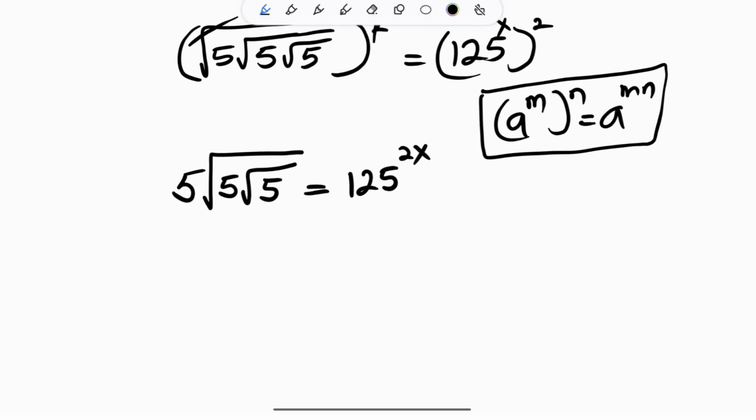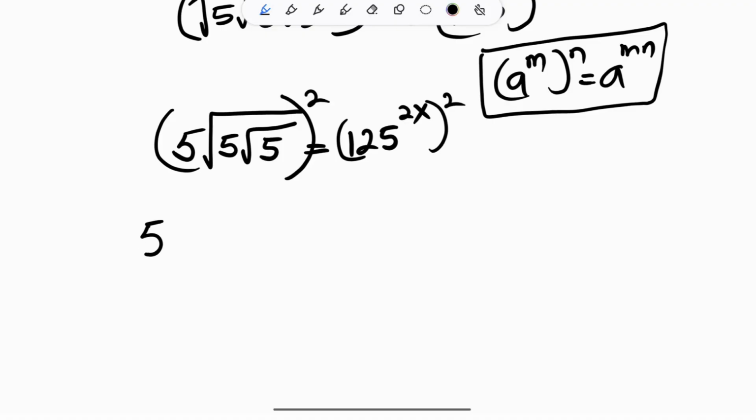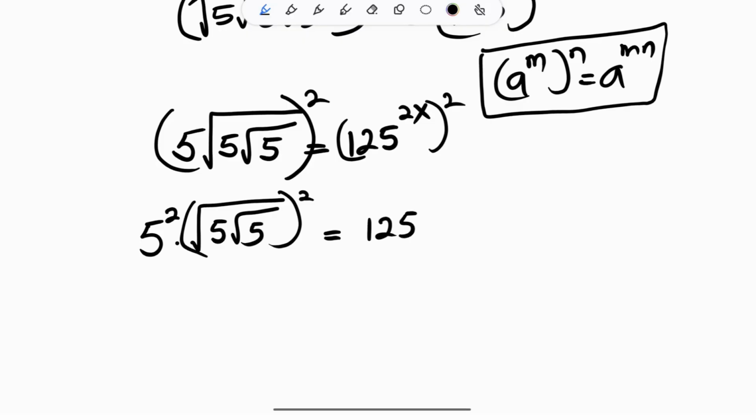We'll go ahead and square both sides again. Now we have 5 raised to the power 2 times the square root of 5, square root of 5 again, squared, equals 125 raised to the power 2x times 2.